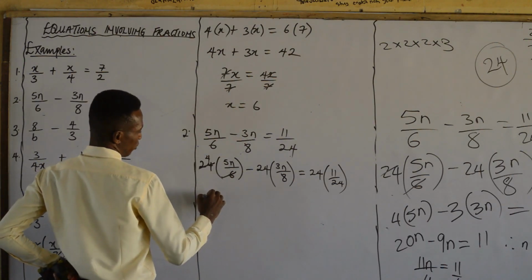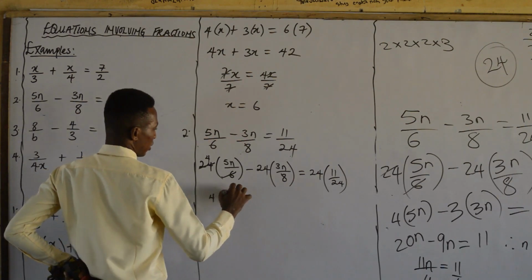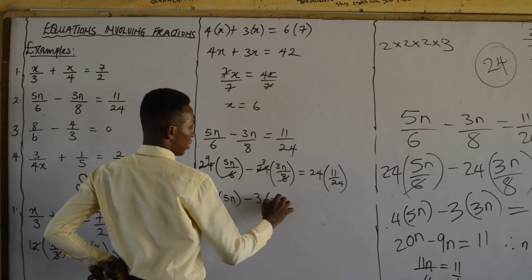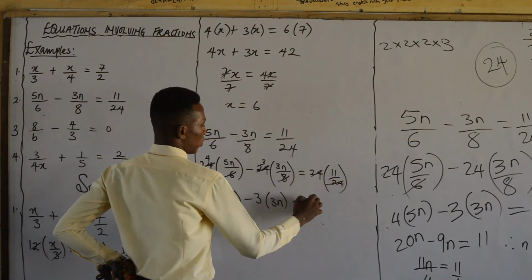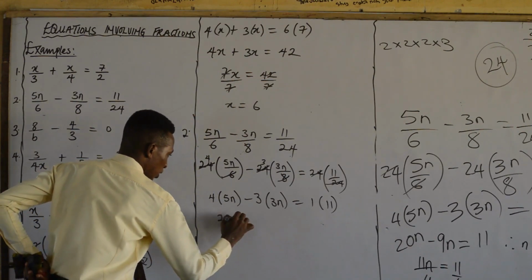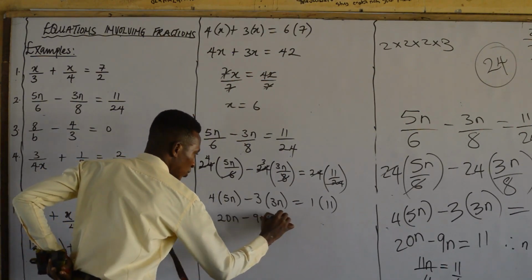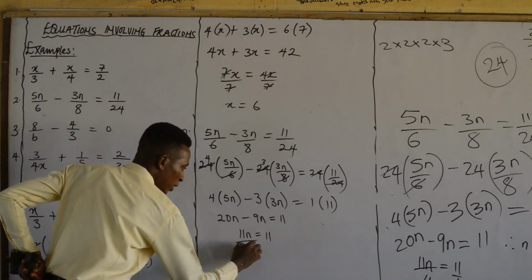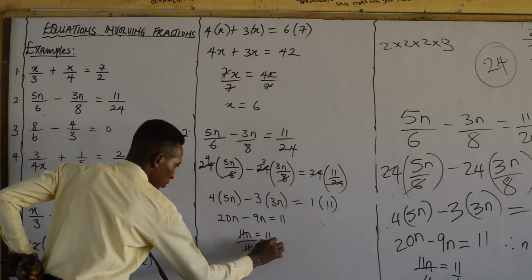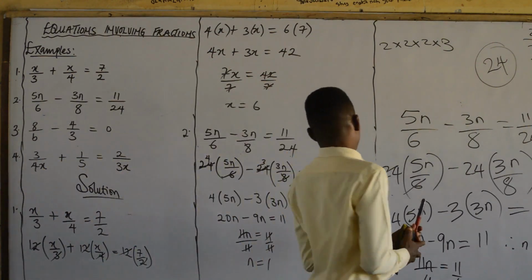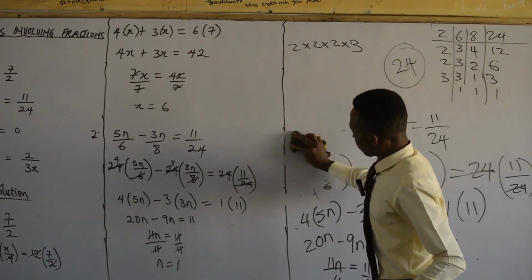That gives you 4 into bracket 5n minus 3 into bracket 3n equals to 1 into bracket 11. So this is 20n minus 9n equals to 11. 11n equals to 11. Dividing both sides by 11, we have n equals to 1. And that marks the end of the second question.